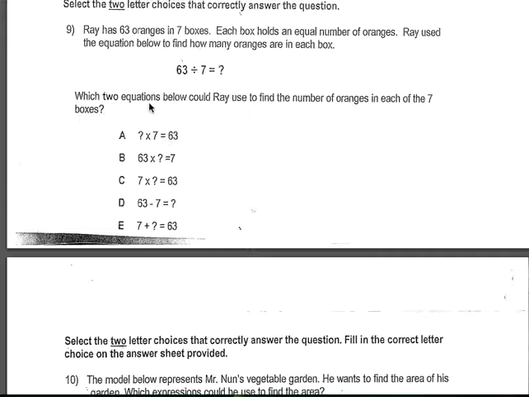Which 2 equations below could Ray use to find the number of oranges in each of the 7 boxes? Remember, you're going to select the 2 choices that correctly answer the question.